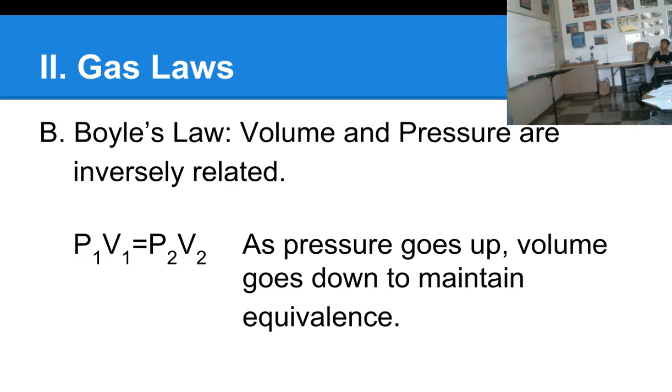Let's say that this is 12 psi and 5 liters of gas. 12 times 5 is 60. And now let's say that we decrease the pressure from 12 psi down to 2 psi. Well, this still has to equal 60. So that means that my volume has to have responded and gone up to 30 liters, right? So in order to keep this equivalence, if one goes down, the other has to go up.